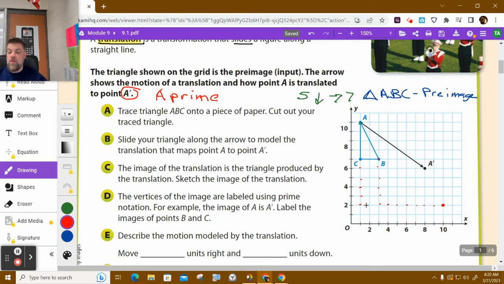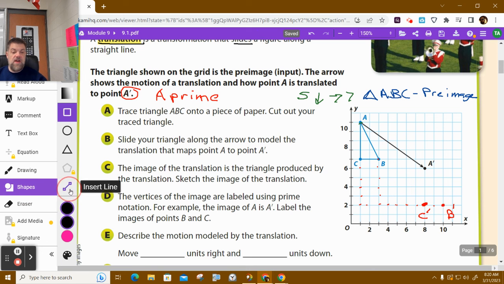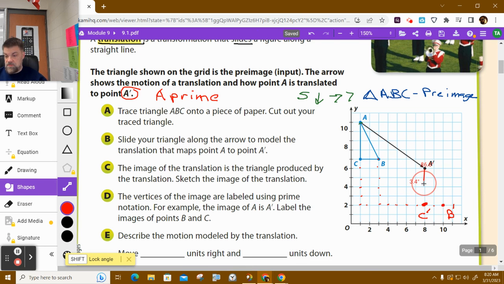Okay, and then I go over 1, 2, 3, 4, 5, 6, 7. And so to label this, this would be B prime, B apostrophe, and this would be C prime. And then I just connect the dots. So I go from here and connect that to there.